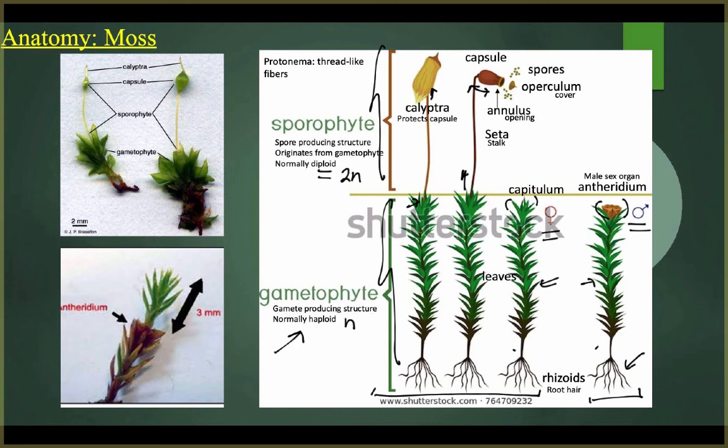The operculum is this little thing right here, and it basically covers and holds over the opening, that round ring, until the spores are ready to be released. And these are the spores that are within the capsule.